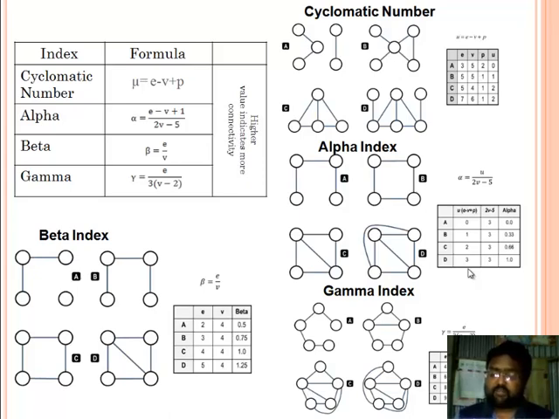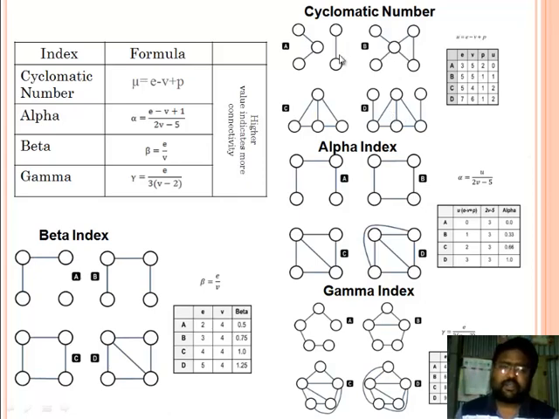Thus, the number of circuits in a connected network equals the total number of arcs minus the number of arcs required to form a tree, that is one less than the nodes or vertices. It may be written as mu equals E minus V plus P, where E is for edges, V is for vertices and P is for the number of unconnected subgraphs.